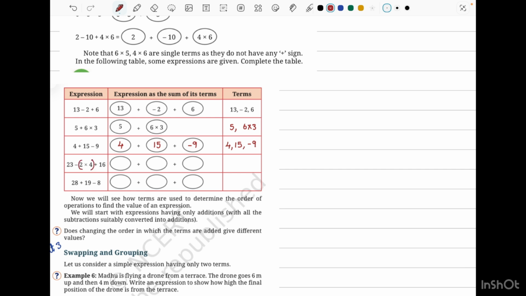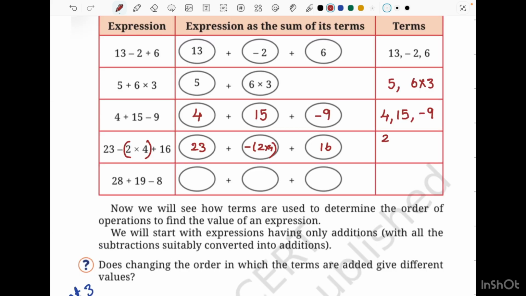So 23 plus the next term is minus 2 into 4. 2 into 4 can be written in a bracket, and plus 16. So the terms are 23, minus 2 into 4, and 16.